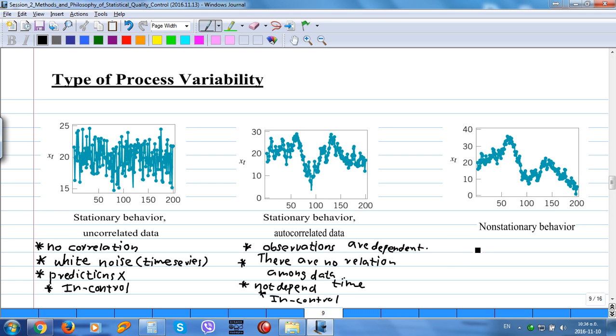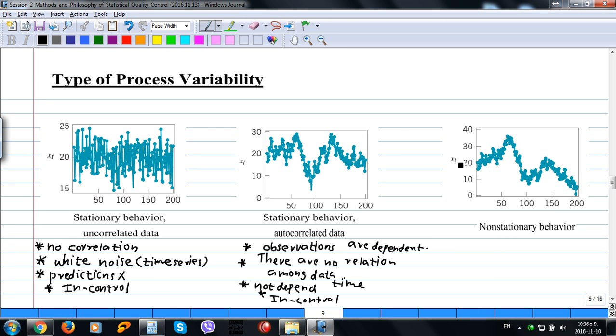But here you look at that, there is a non-stationary behavior. Also, if you draw a line here, most of the data points are on one side. It means the process has a tendency to move in moderated runs on either side. That characteristic can also be seen in the second diagram.